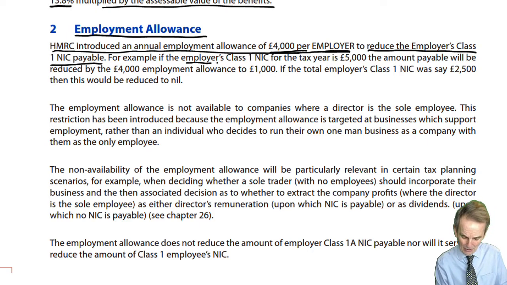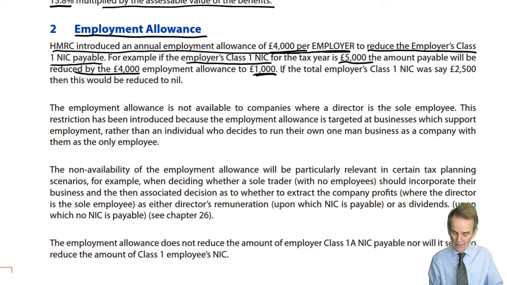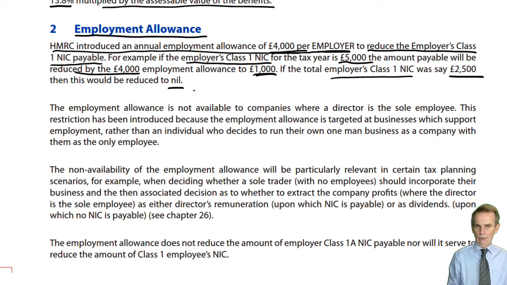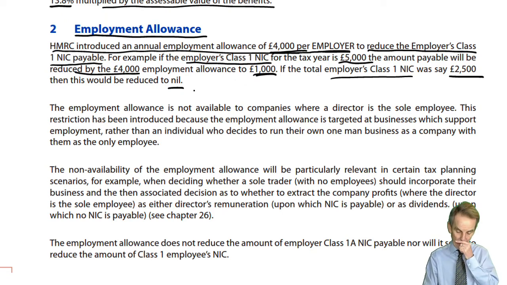So if the employer's Class 1 NIC for the tax year is £5,000, the amount payable will be reduced by the £4,000, the full employment allowance being available there, down to only having to pay £1,000. If the total employer's Class 1 NIC was, say, £2,500, that would be reduced to nil. So up to £4,000, there's nothing going to be payable there.